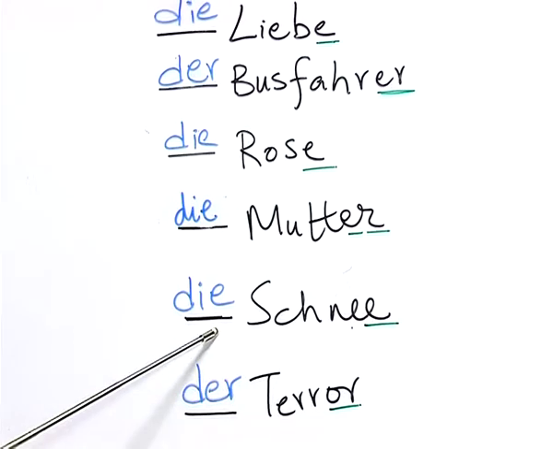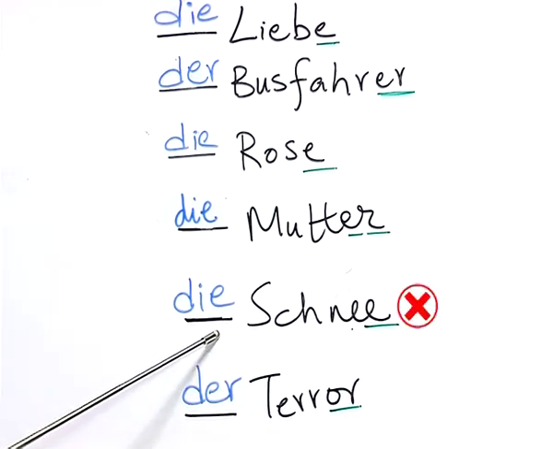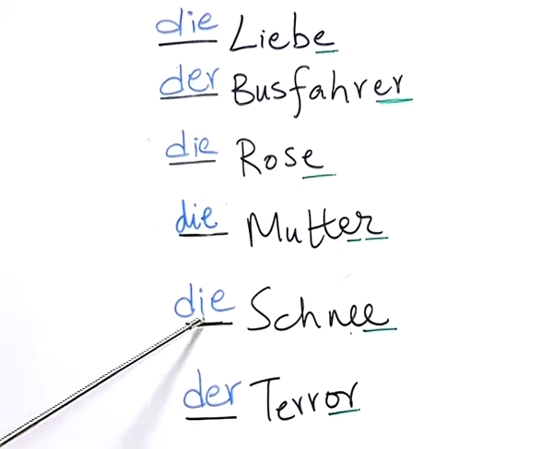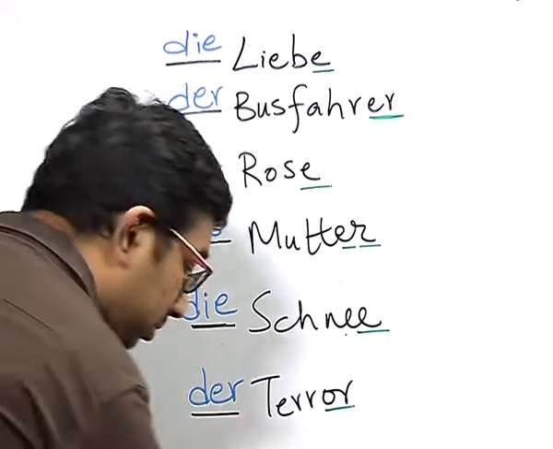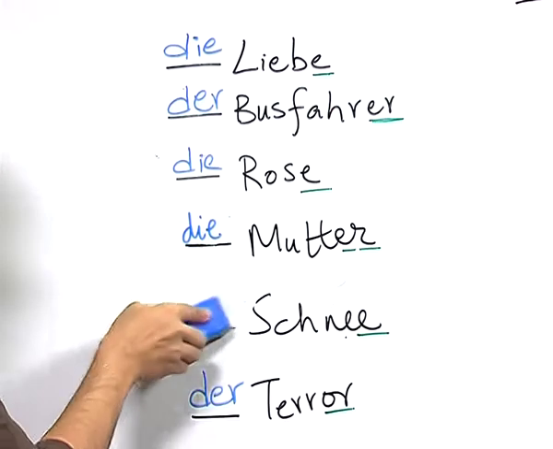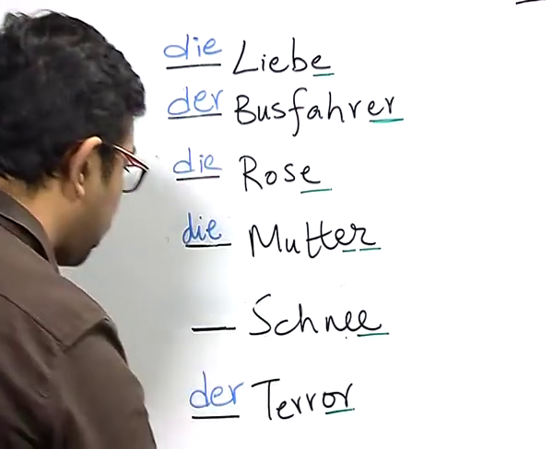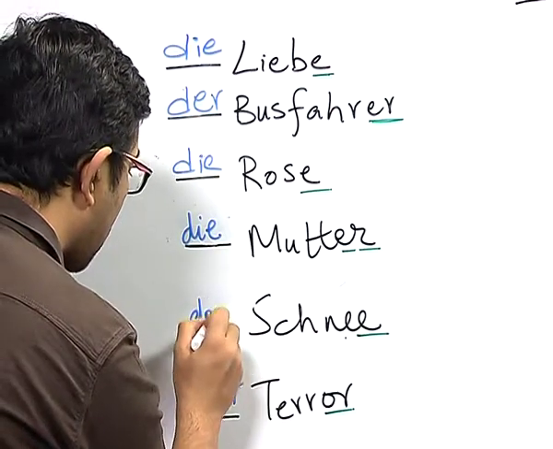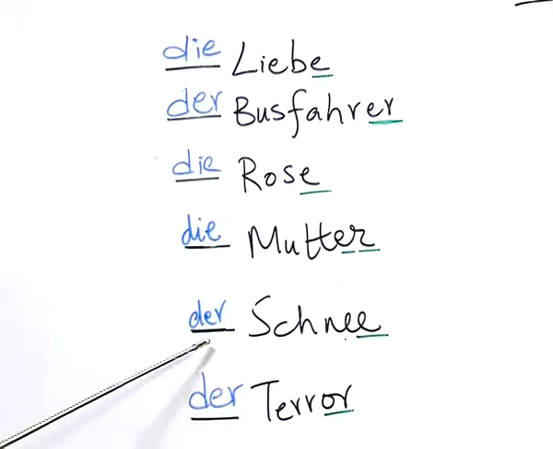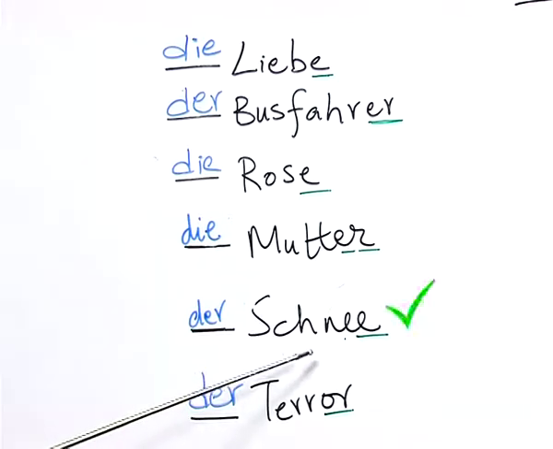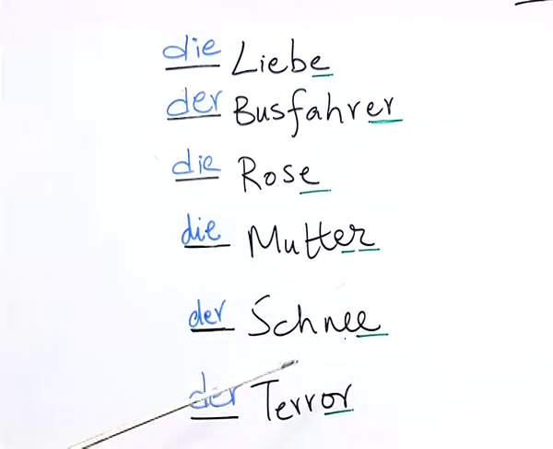However, this answer is also wrong. This is an exception where the correct article is der. So as you can see, this also follows an exception.